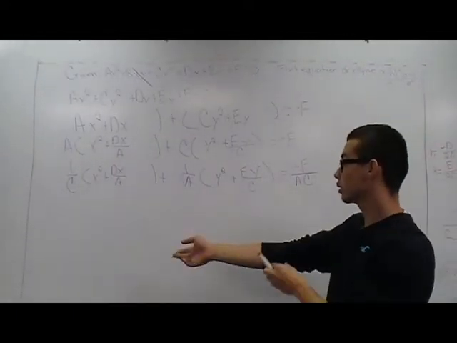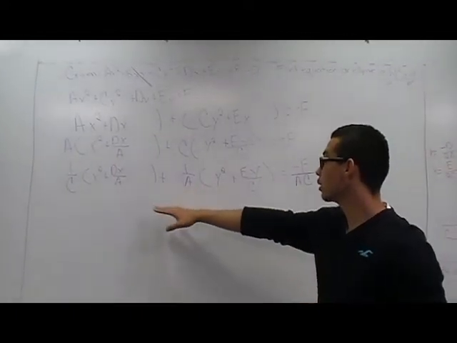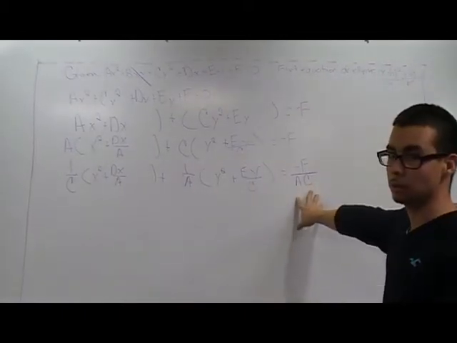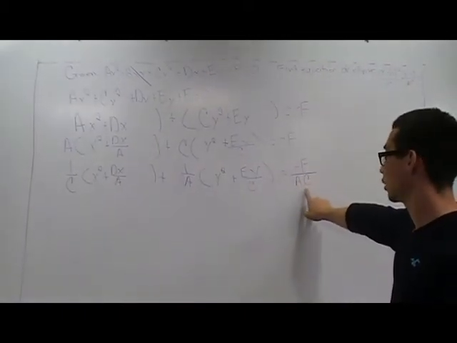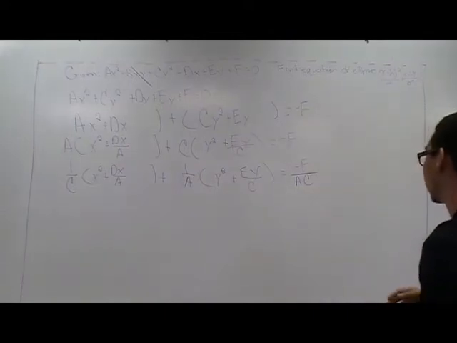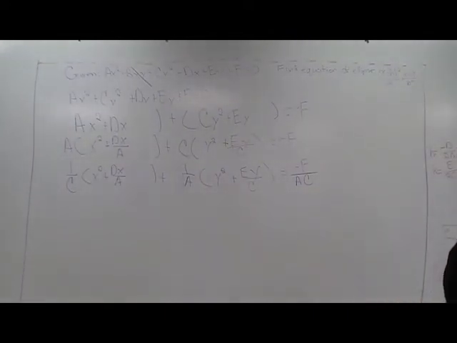So I just took the coefficients out and moved them to this side, so I have negative f over ac. It makes it a little nicer for when we complete the square.